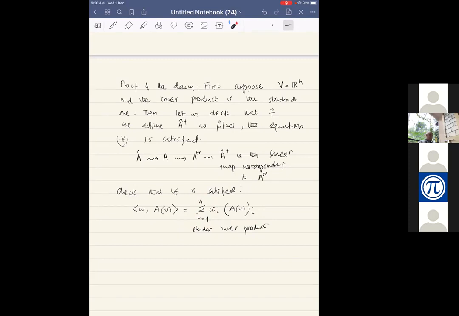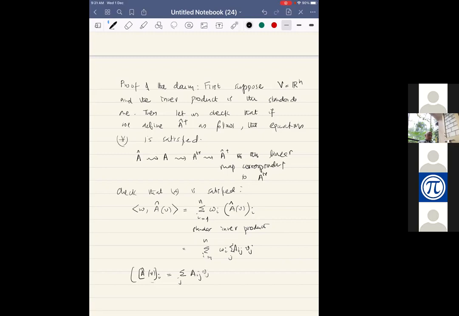Okay, I am again forgetting hats everywhere, so let me be clear about putting hats. But the matrix A is defined such that A hat v_i is the sum over j of A_ij v_j.